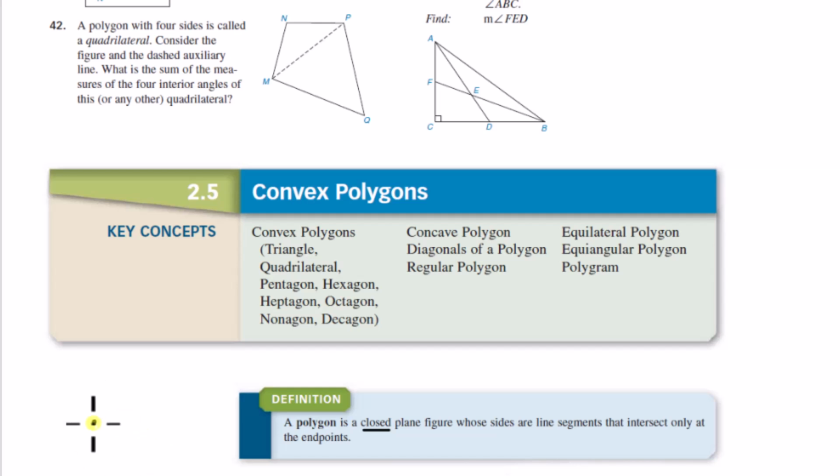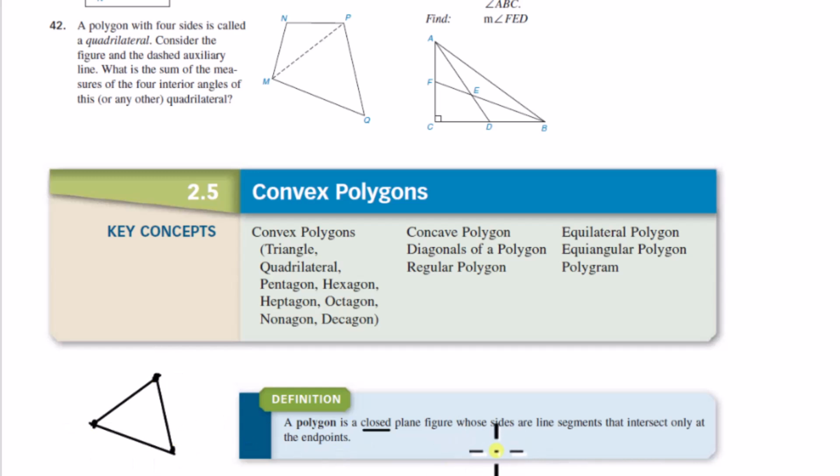An angle being the union of two rays that share a common endpoint. That's an open planar figure. But a triangle is a closed planar figure. It's two-dimensional. It has enough dimensions to think about the idea of it being open or closed. It was closed.